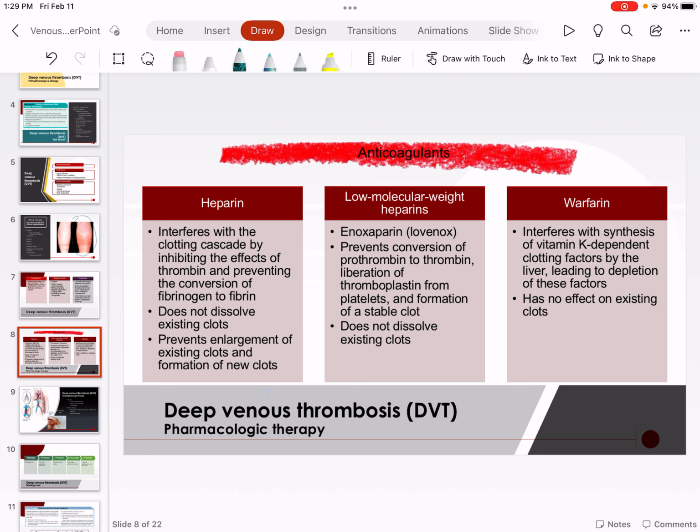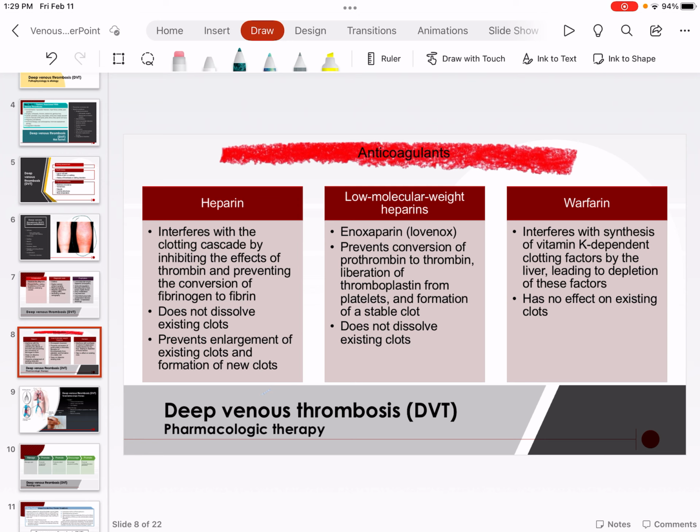But these medications listed here all have the same goal, and that is to prevent the existing clot from getting any larger and to prevent the development of new clot formation. So whether it's heparin, the low molecular weight heparin, the Lovenox that we just talked about, or warfarin, these all have that same goal. Here's the thing though.